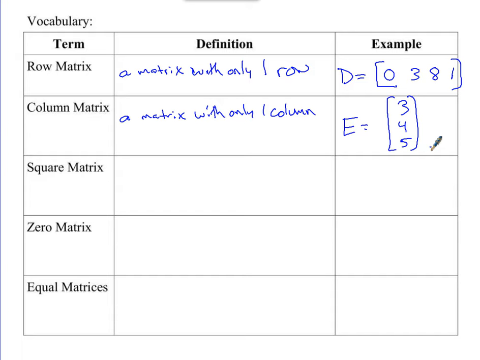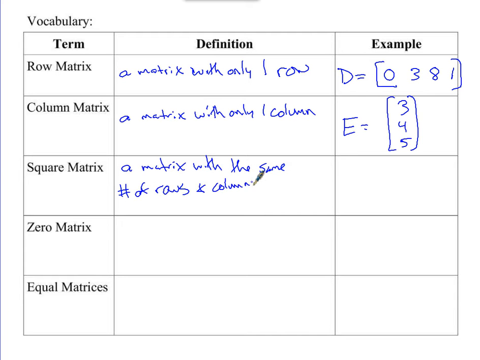With that in mind, what would a square matrix possibly be? A matrix with the same amount of rows and columns, yeah. So I'll write a matrix with the same number of rows and columns.